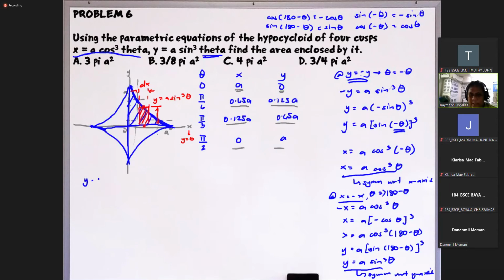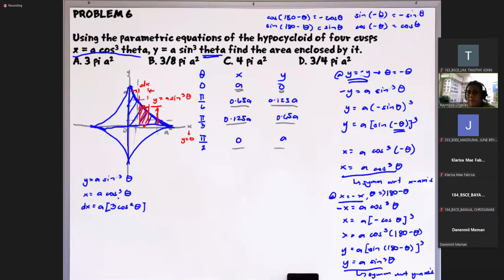Again, from the given, y is equal to a sine cubed of theta, and x is given by a cosine cubed of theta. If we solve for dx, this will be a multiplied by, by the power rule, 3 cosine squared of theta.